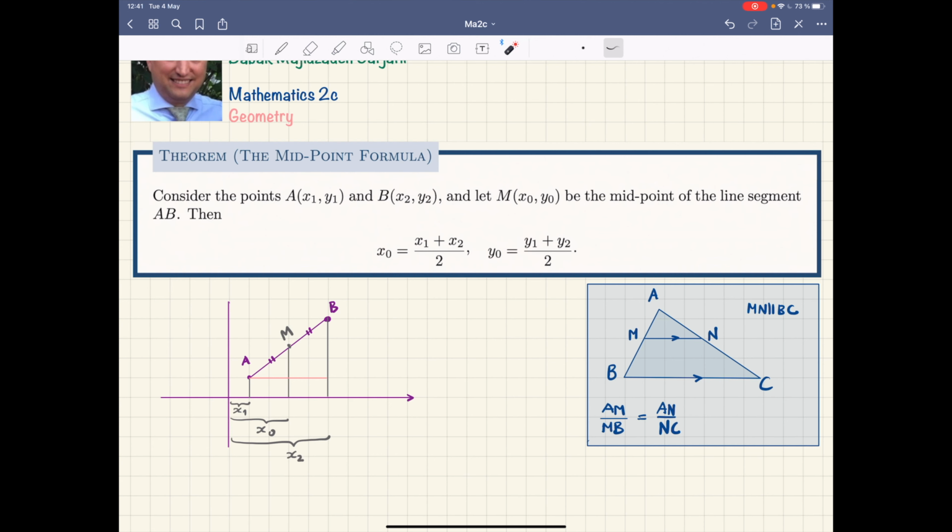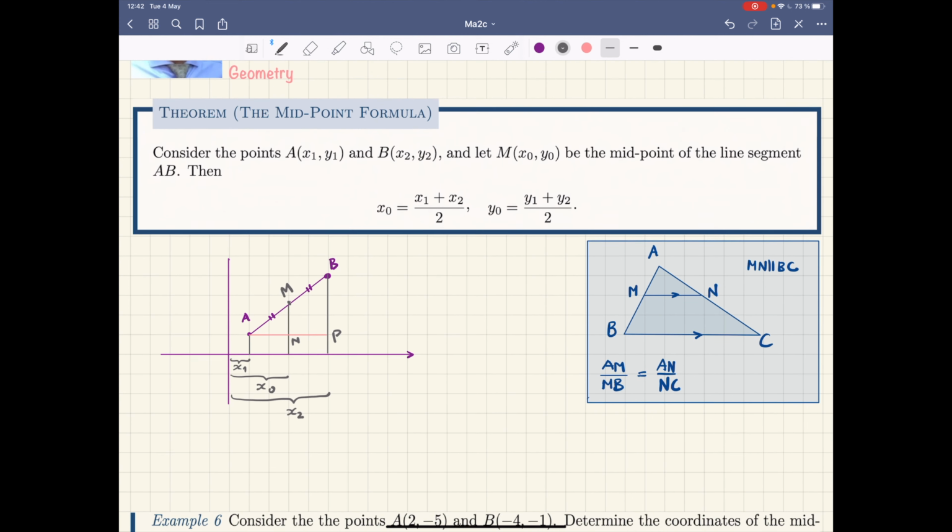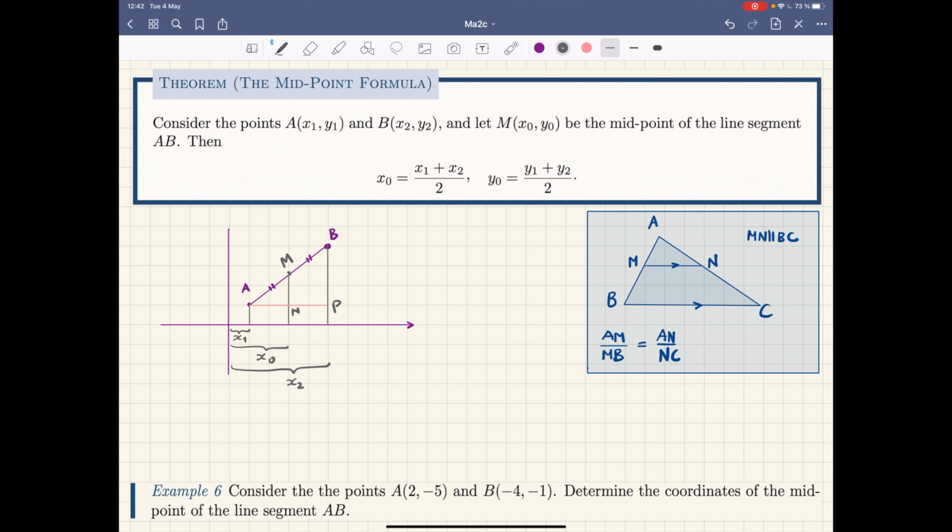Yes? So you see that this line is parallel to this line. So what I can write is AM over MB is equal to this length over this length, yes? So let me give them names. Let me call this one N, and for example call this one P. Then I would write that MN is parallel to BP.